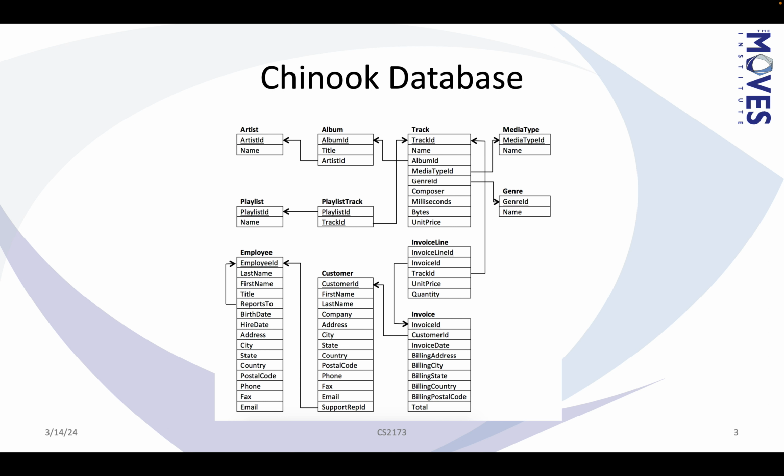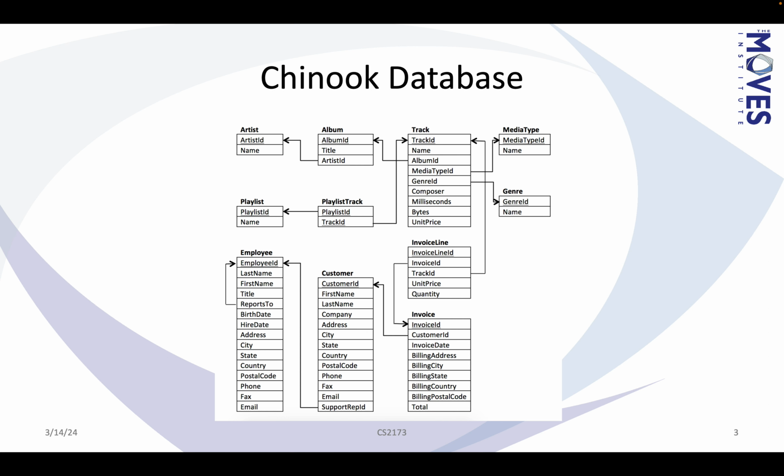So the main example we'll be working with is this Chinook database. For whatever reason, this is one of the standard examples that are out there. And as you can see, what's nice about it is that it's simple enough to look at and figure out what's going on.